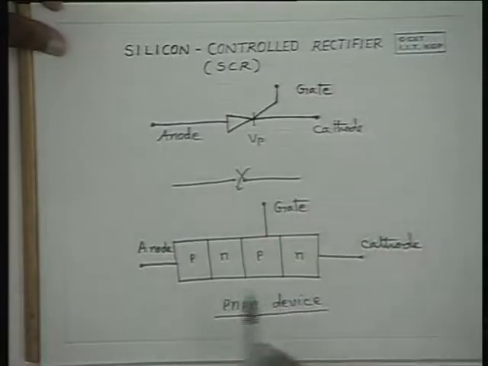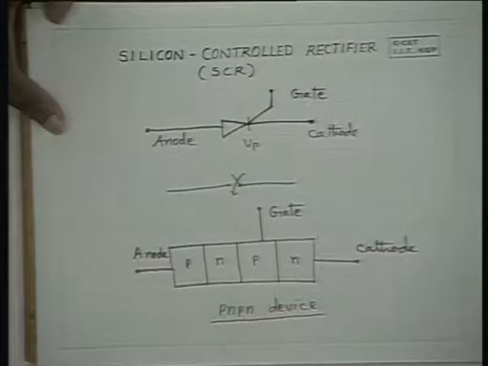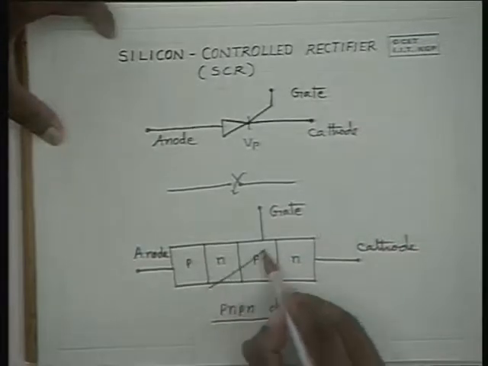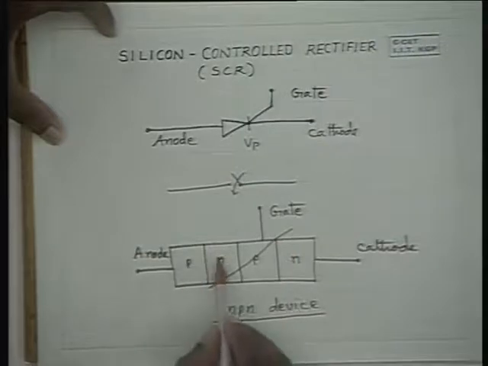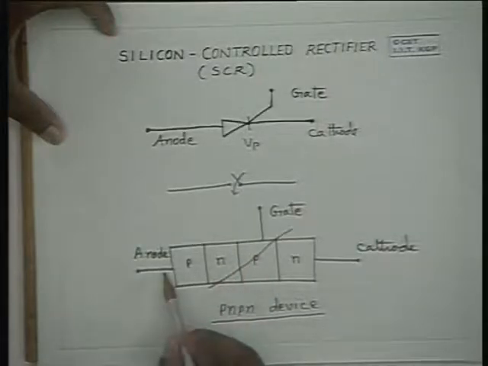Now let us see how this PNPN device works as an SCR, silicon controlled rectifier. This device can be cut like this, as shown here. If you cut this device over here, please note that it is a PNP transistor and this is an NPN transistor, where for the PNP transistor, N is the base, P is the collector, and this is the emitter.